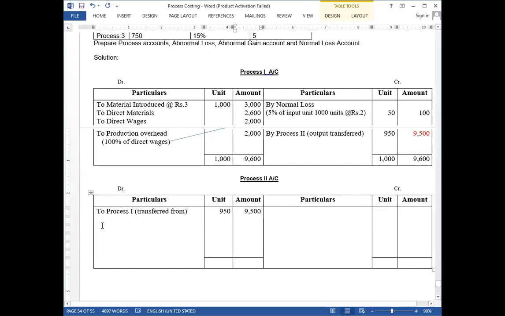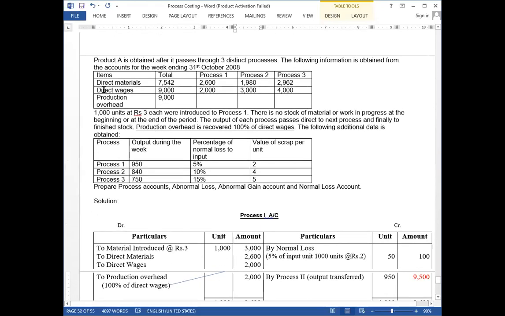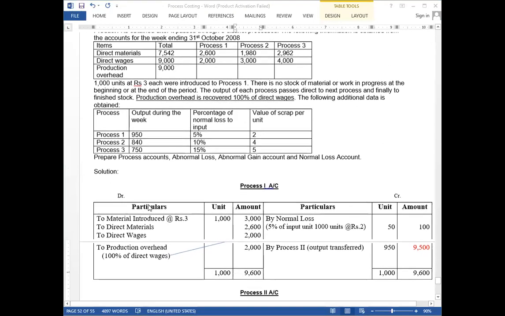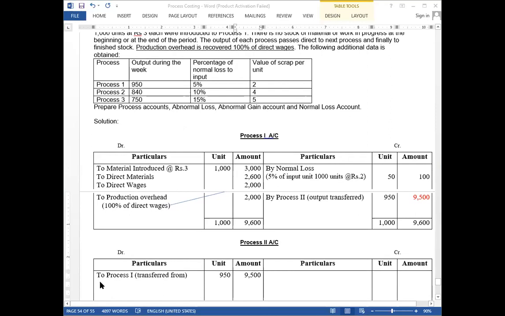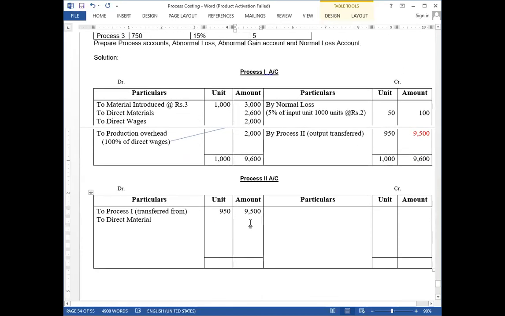Next you are going to write the remaining expenses. What other expenses do you have? You have direct wages, direct material and production overhead. You see them one by one. Write the expense to direct material. How much is the direct material? 1,980. So write 1,980.